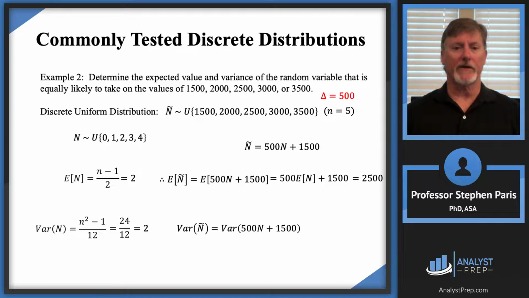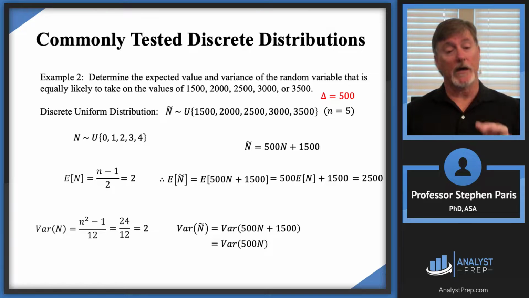And then finally, the variance of cap N tilde would be the variance of 500 times cap N plus 1,500. The plus 1,500 is not going to affect the outcome for the variance calculation, because variance is translation invariant, so it's just the same as the variance of 500 times cap N. But how do we factor out the 500?